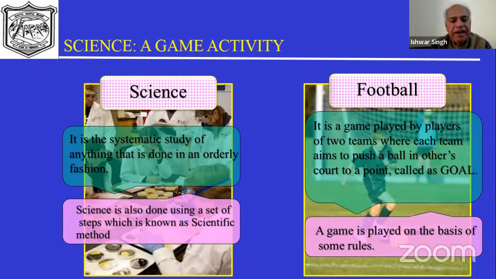And in order to do that, we have to create an atmosphere so that the students can understand science in a better way and develop their scientific temperament.